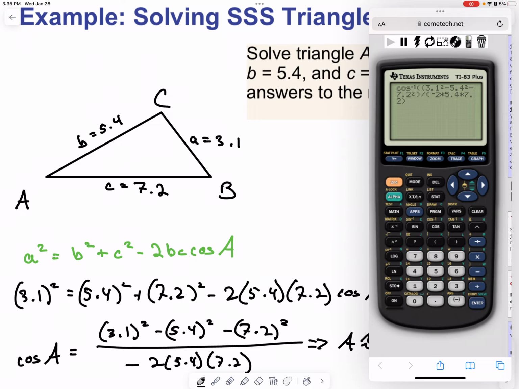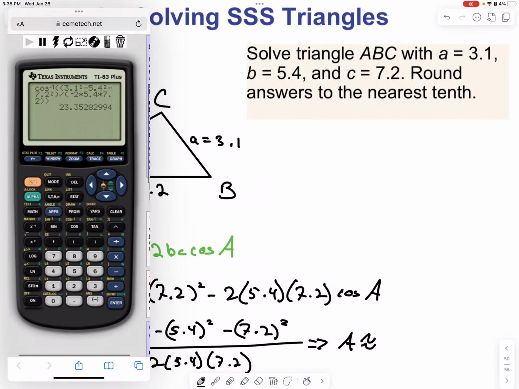Then close off my arc cosine. Mode, we are in degrees, and push it. So for angle A, we got a result of 23.6 degrees.